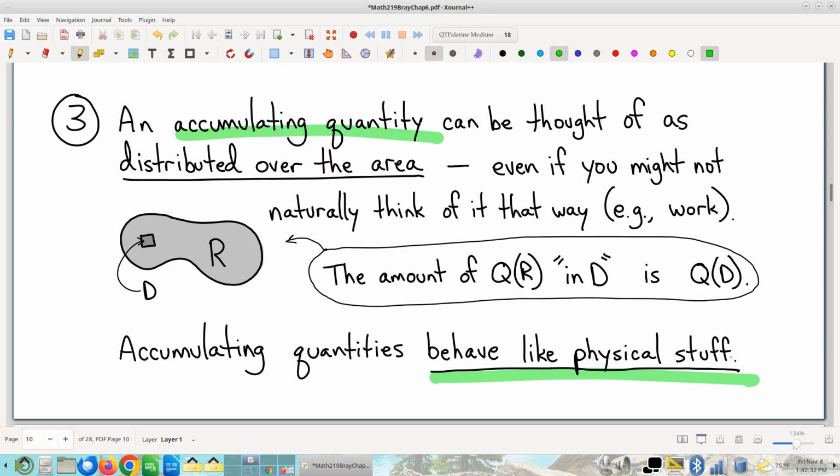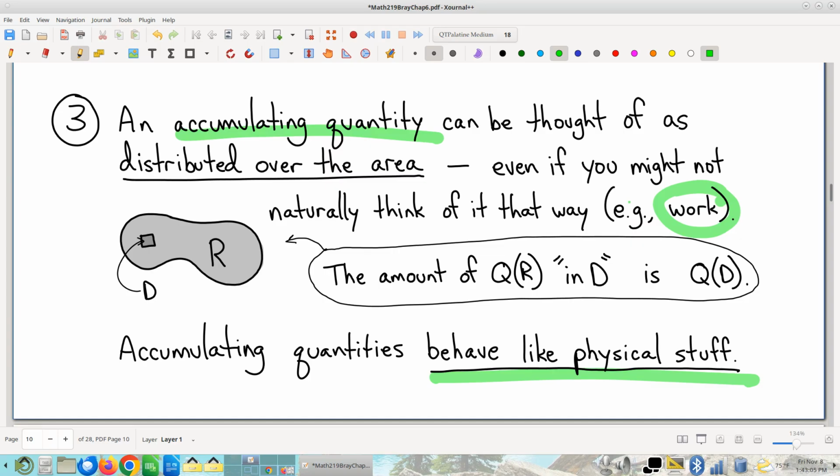Right? So the claim I'm going to make here is whatever accumulating quantity you have, even if it isn't physical, you can pretend that it is. You can pretend that it's distributed across the interior, just like area is. Because if you did pretend that, for example, the amount of work that it would take to build that area, or the amount of time that it would take you to weed your vegetable garden or whatever, right?